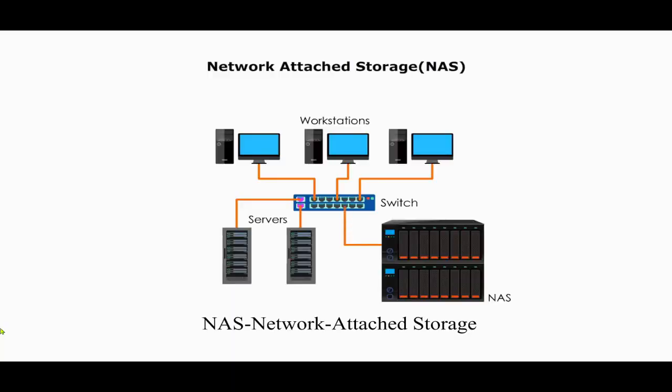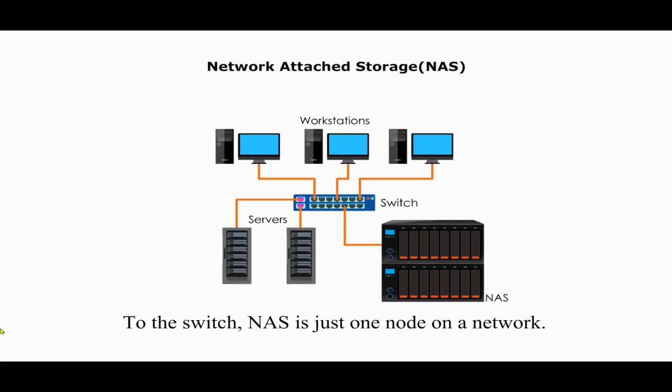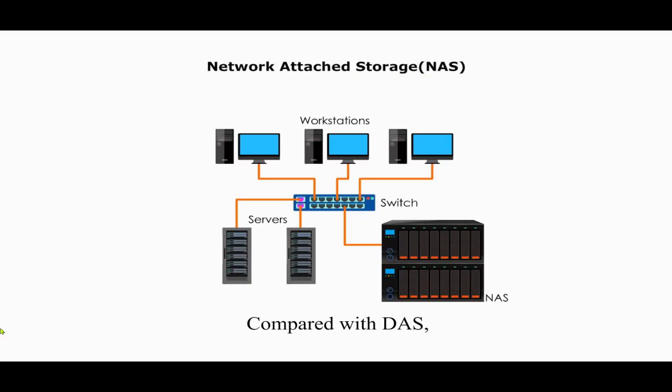NAS, Network Attached Storage. NAS offers dedicated file-level storage through a network. NAS allows both local and remote access to data through network connection. NAS is just one node on a network. Compared with a dash, NAS has many benefits.